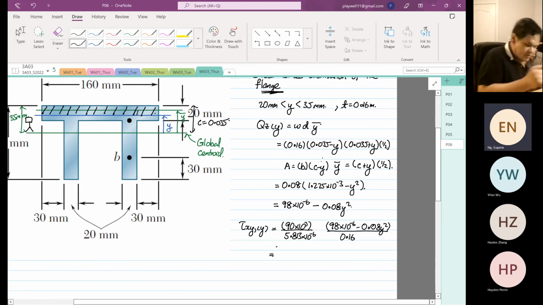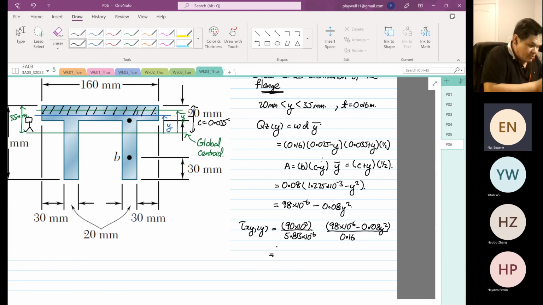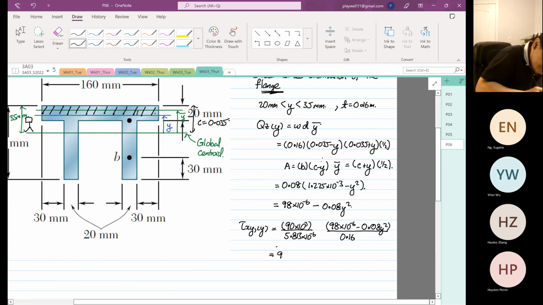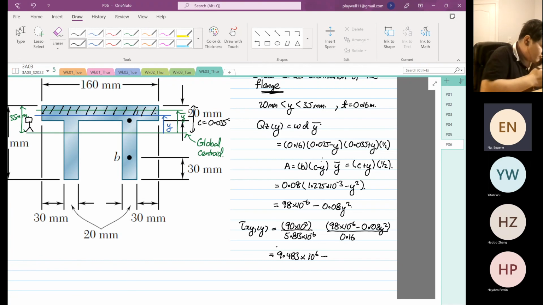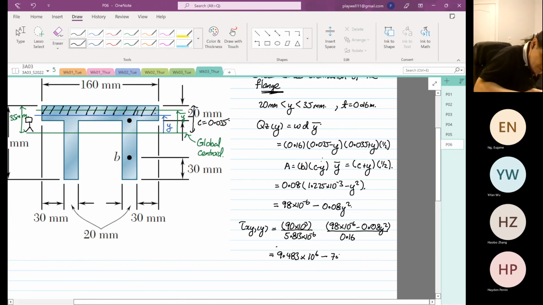So you will have the function equal to 9.483 times 10 to the power 6 minus 7.741 times 10 to the power 9 y squared.